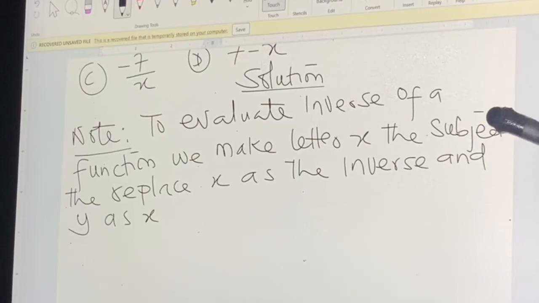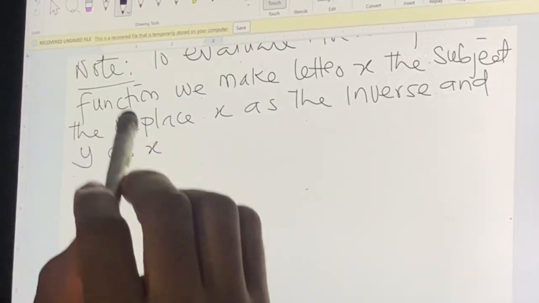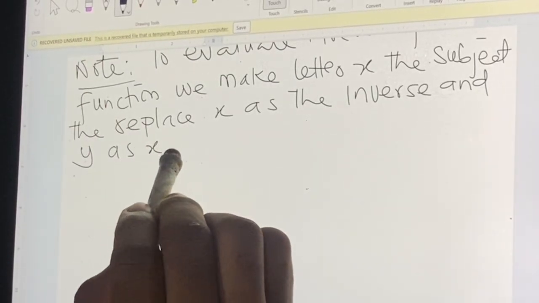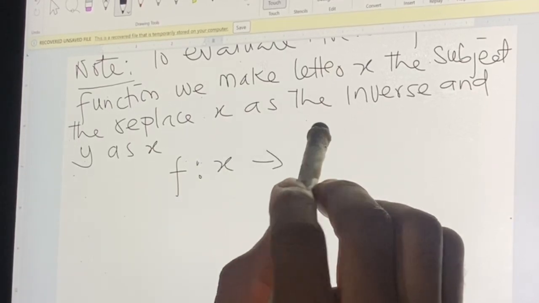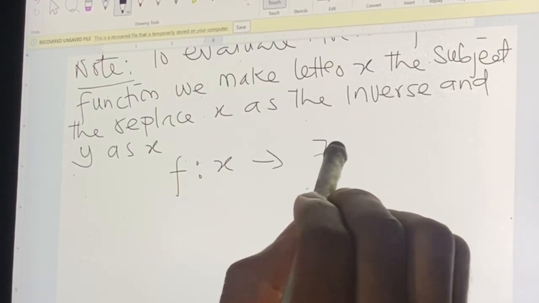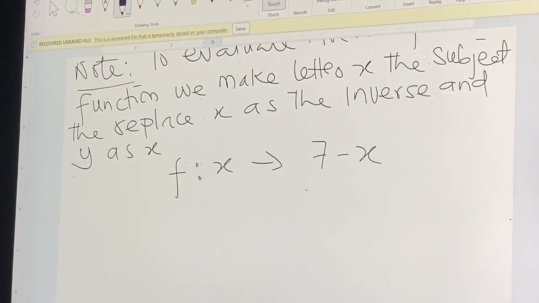So let's solve this here. But before we solve this question, let's understand the question perfectly. We are given this, that is an f such that s tends to 7 minus s. Please forget about the statement given to you there.